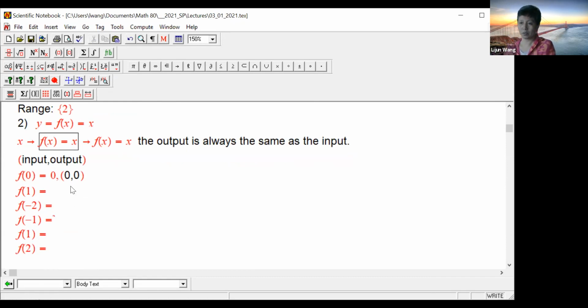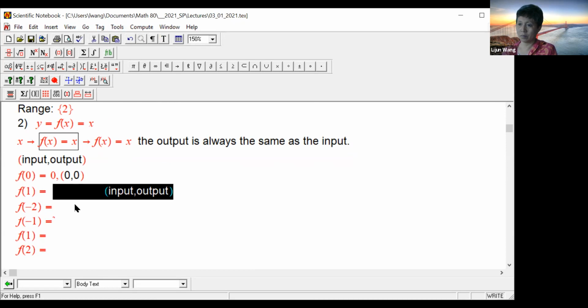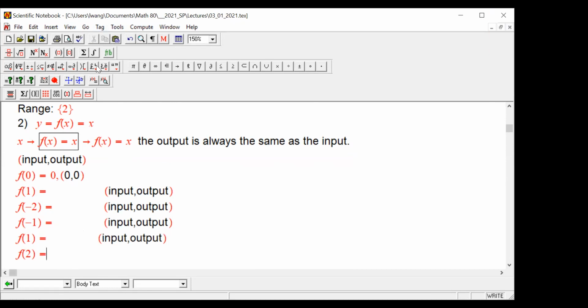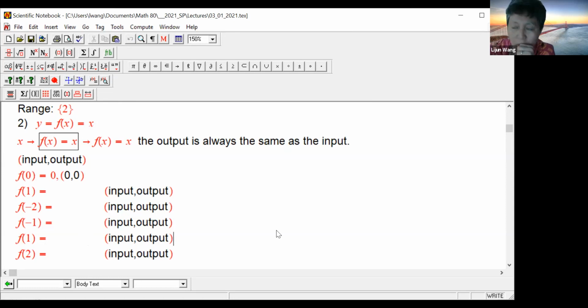What will be the output for these? Hello?